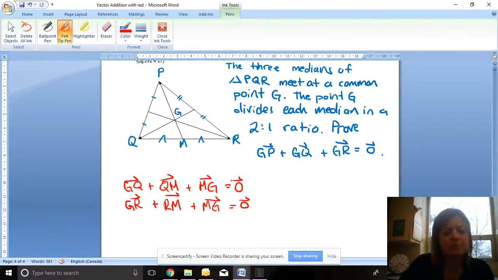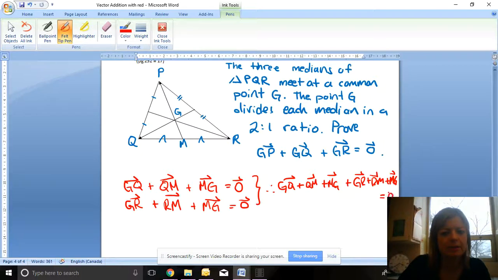Because these two sums individually sum to the zero vector, we can conclude that GQ plus QM plus MG, that's the first addition, and then GR plus RM plus MG all sum to the zero vector.